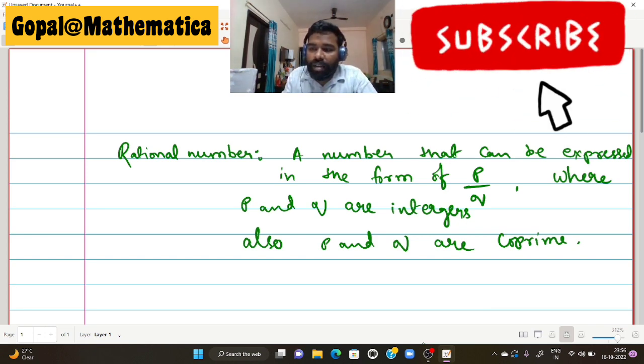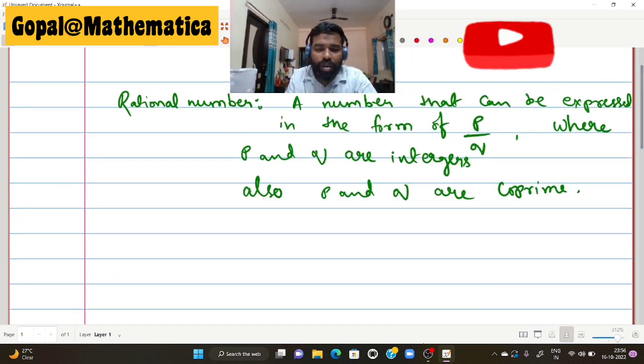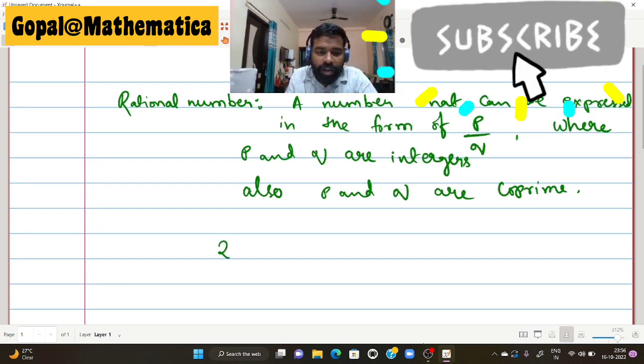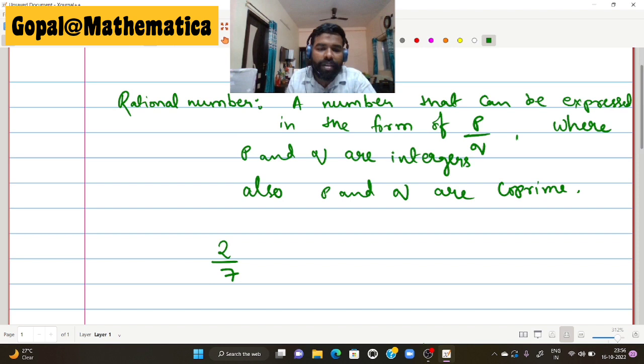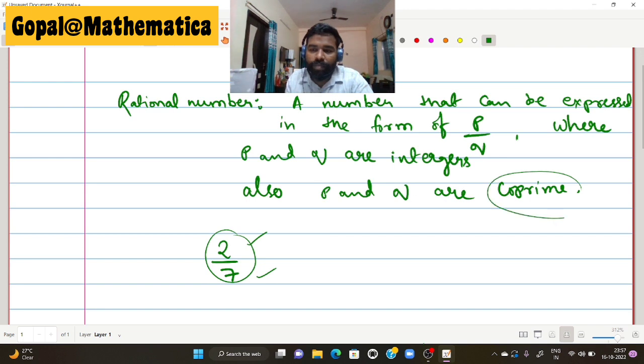So let us see some examples. What are rational numbers? If I take 2 by 7, does this fraction follow all of what I said? See, 2 and 7 both are integers, and also they are co-prime. And what is co-prime?